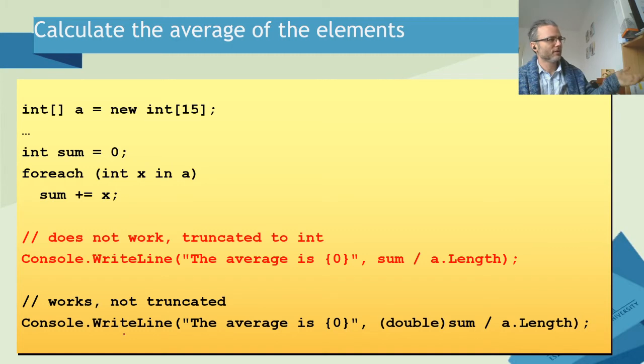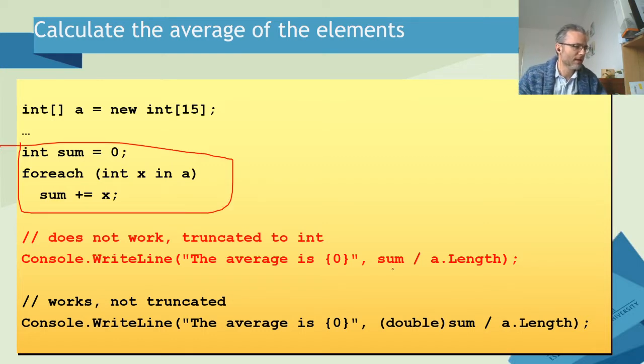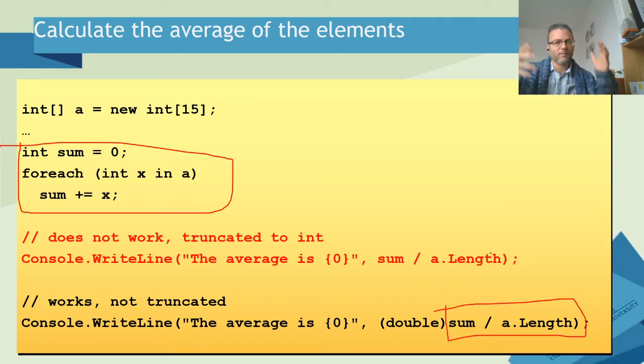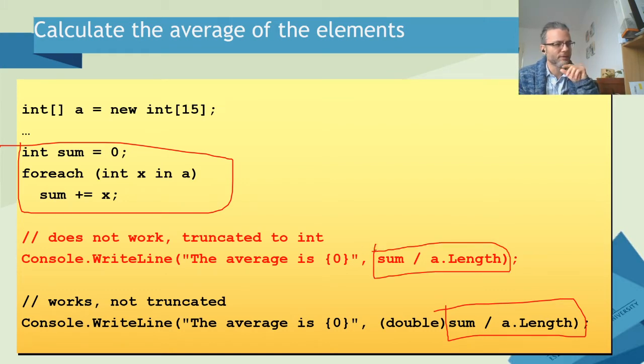So calculating the average is very simple. You can start with calculating the sum, as I showed you before, and after that you just need to divide the sum by the number of elements, and that's it. However, be cautious, because if you do it by using a simple division and you are working with integers, something happens, as I'm writing here.